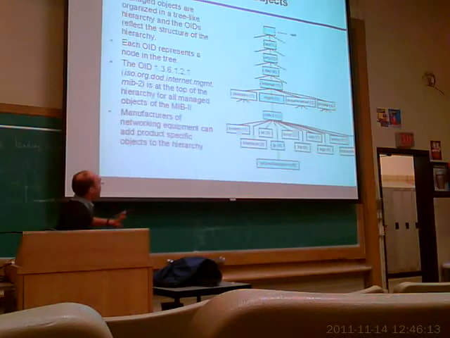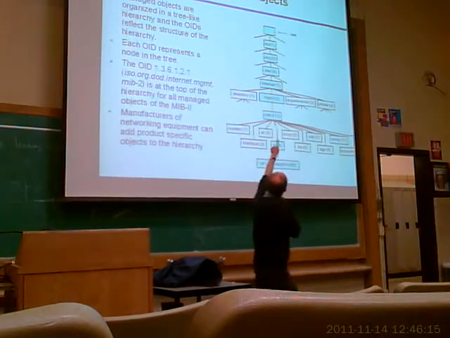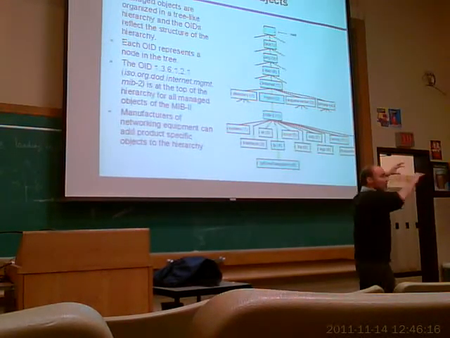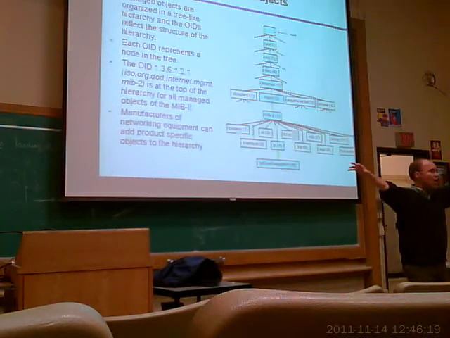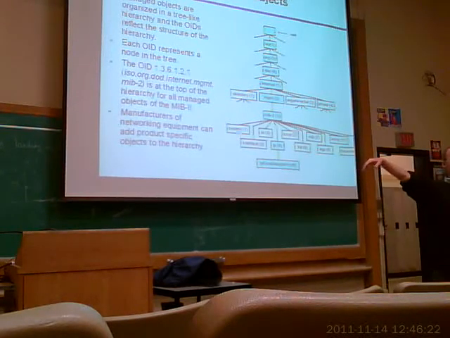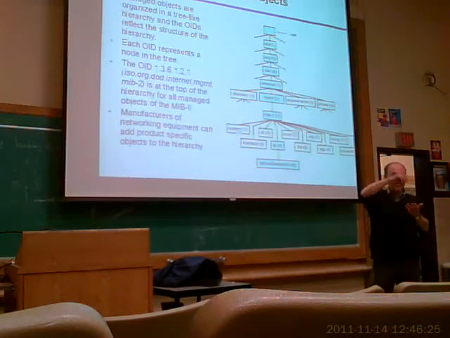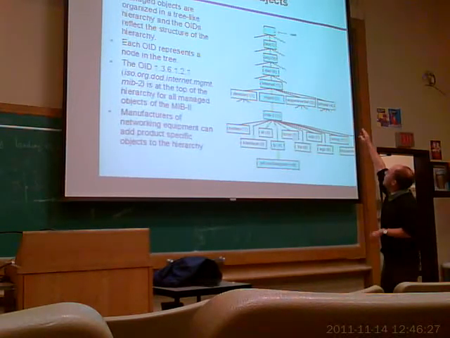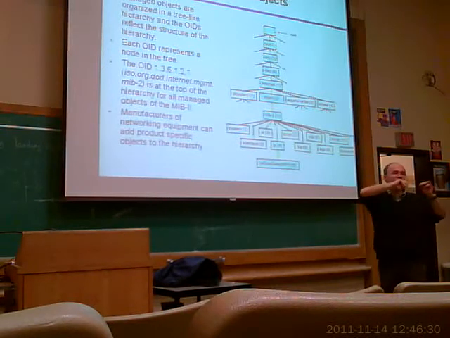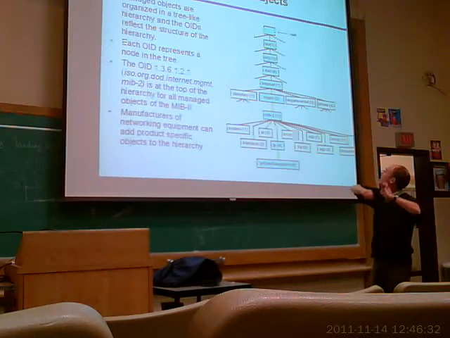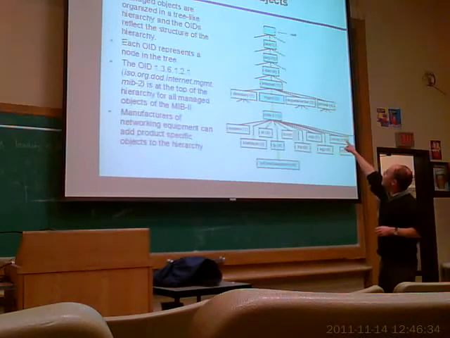So think of this one here as the root, the universe of all data that can be queried. Then ISO stands for International Organization for Standardization. We really don't have to worry about anything that is queried that has to do with the Internet: it goes down ISO, org, DoD, Internet.